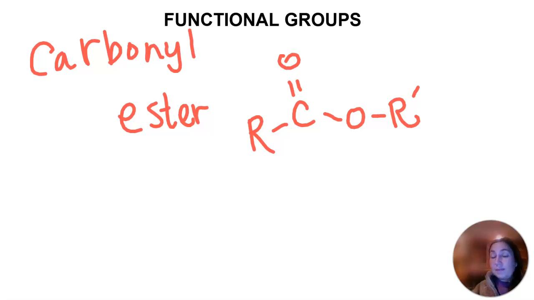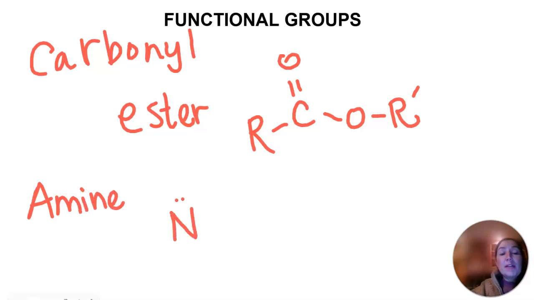And then we want to know about amine functional groups, and amine groups have a nitrogen, and it can be bonded to hydrogens or carbon, and bonded to two hydrogens and one carbon makes it primary.